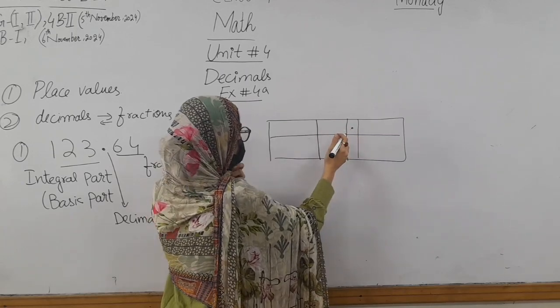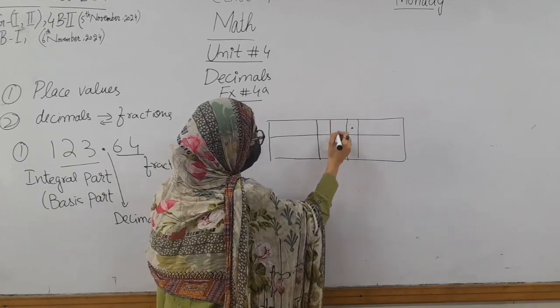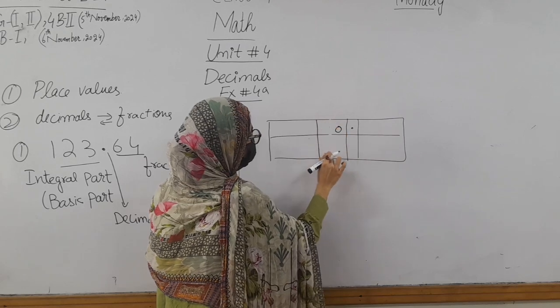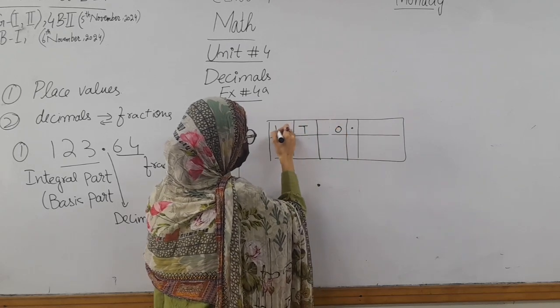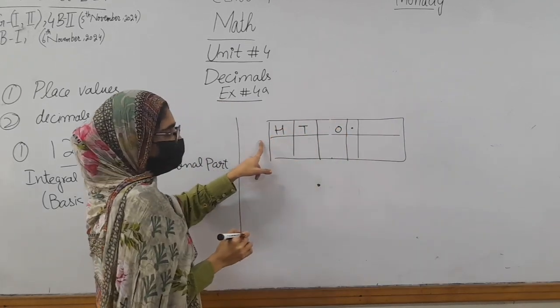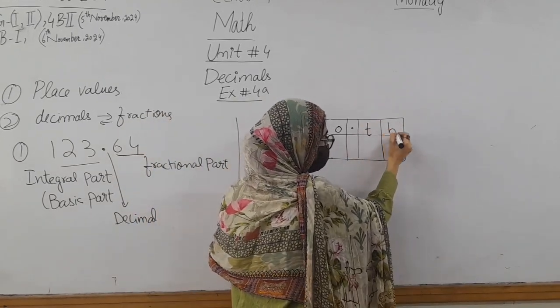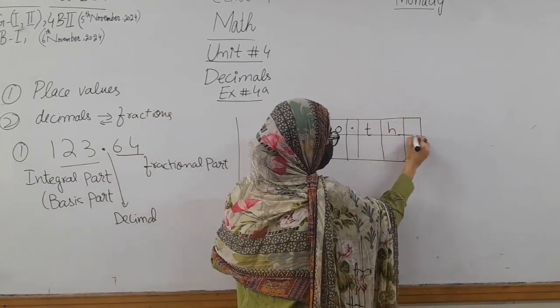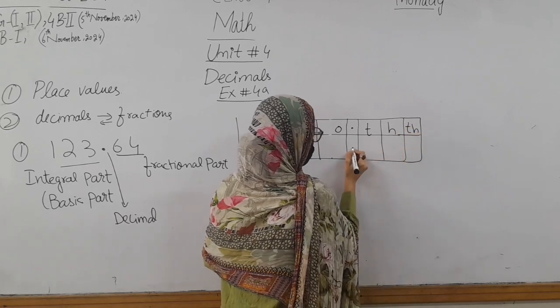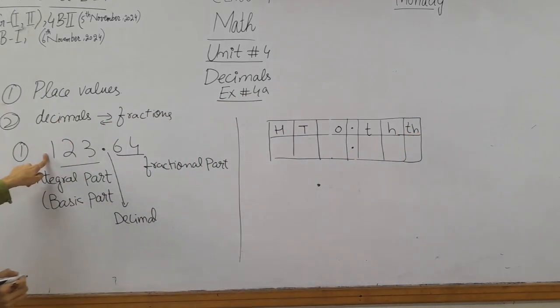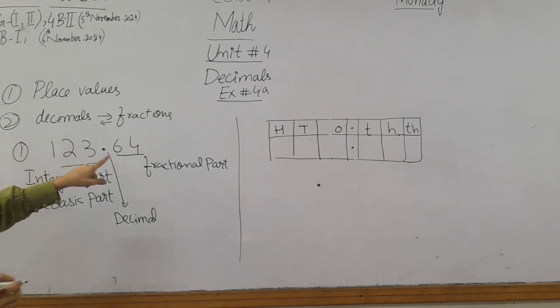Before the decimal point we have ones, tens and hundreds. After the decimal point we have tenths, hundredths and thousandths. And now take a look at which value I have given you, 123.64.